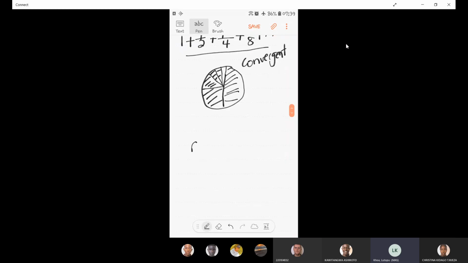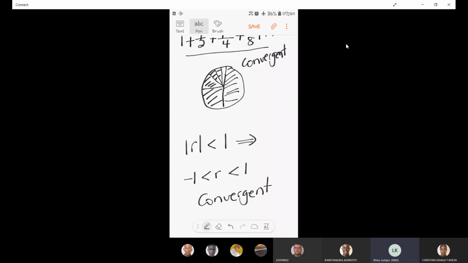So if we have our r, the absolute value of r is less than 1. Okay, so this means we know how to solve absolute values. This means -1, like this. So if you have an r that is between -1 and 1, then your geometric series is convergent.